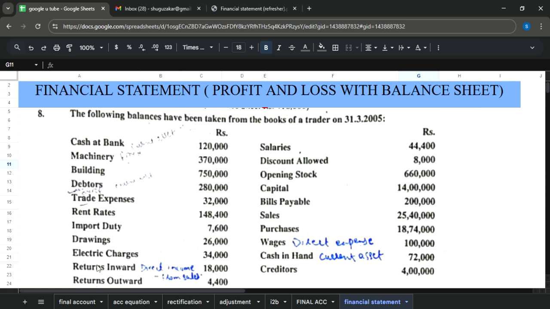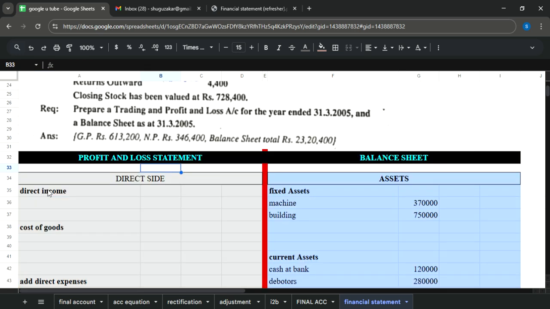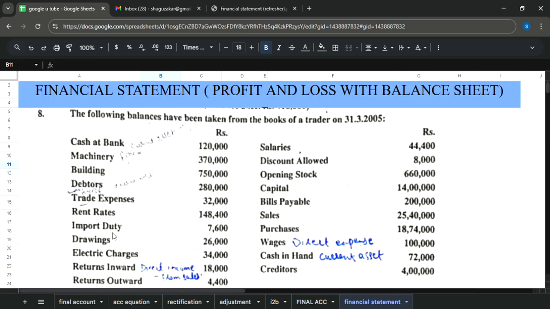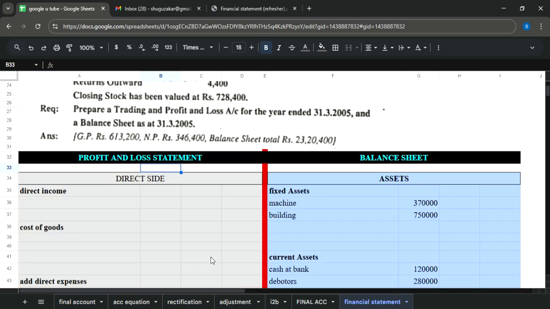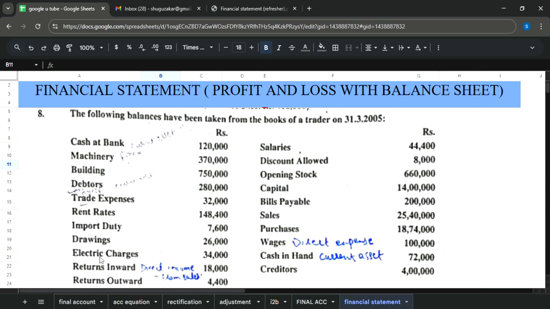Then we have electric charges, operating expenses. Here you will choose electric charges, amount of which is 34,000. Put over here.